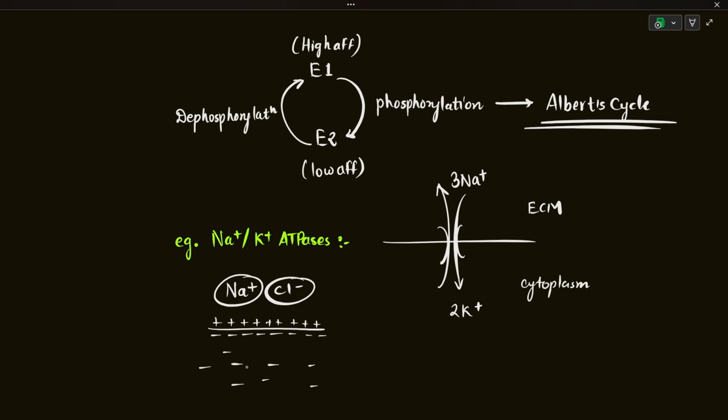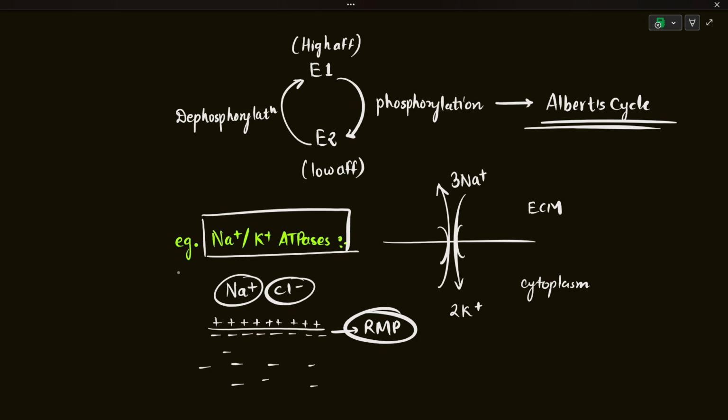So this gives an overall negative charge towards the inside of the membrane, and maintaining this charge separation is very crucial. It is very important so that the signaling goes on in the nerve cells, and it creates the resting membrane potential. This resting membrane potential is maintained by the charge separation, by the unequal distribution of ions, and this unequal distribution of ions is maintained by this P-type ATPase, the sodium potassium pump or sodium potassium ATPase.